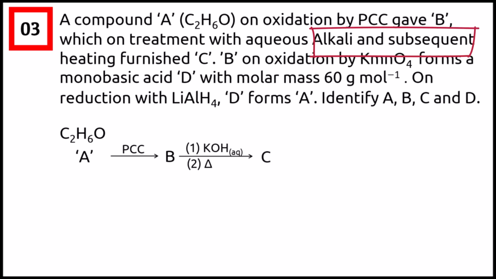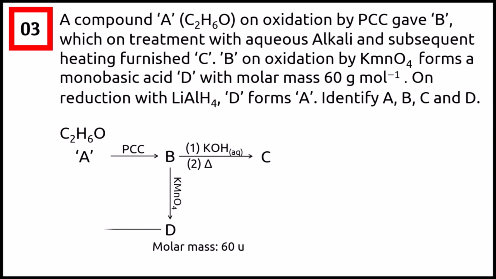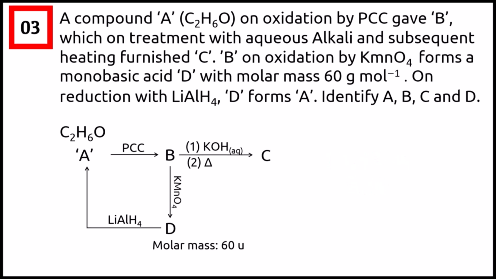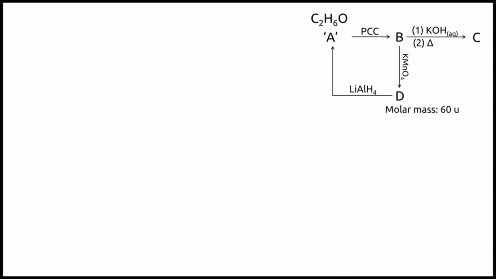It forms compound C. Now one more piece of information given is that B on oxidation with KMnO4 forms a monobasic acid, which we identify as D, and its molar mass is 60 grams per mole, and that D when treated with lithium aluminium hydride forms compound A. So here we have to identify A, B, C and D. This is our reaction path. In such types of questions, always define the reaction path, that is A, B, C, D, and accordingly you get the idea. Now follow this reaction path.